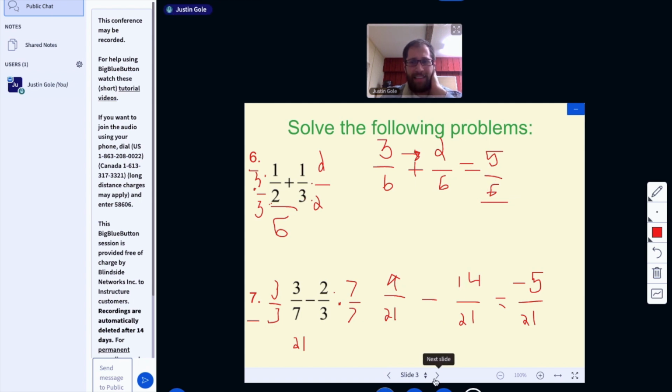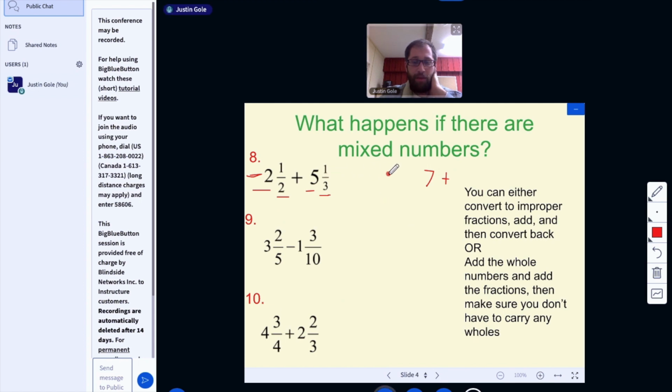We did that in the last slide. So 7 plus 5/6. So I added the whole numbers, then I added the fractions. So we'd get 7 and 5/6. My 6 isn't very good. I'm not going to redo it though.